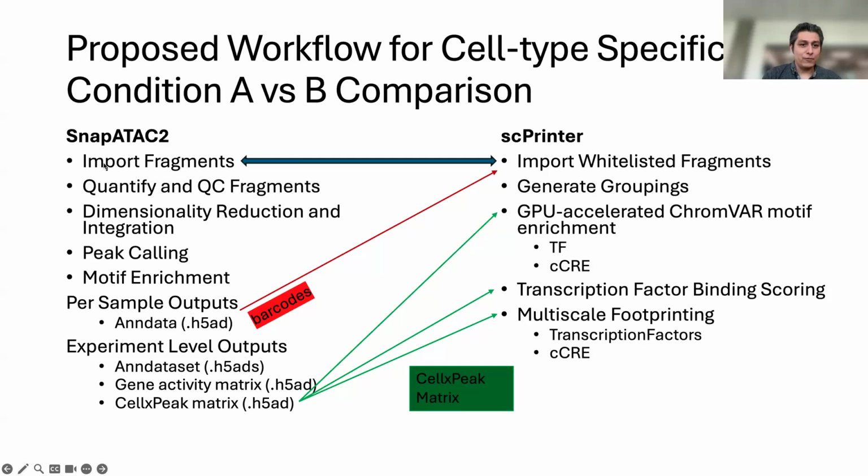The output from this process is going to give you a per-sample AnnData H5AD file. At the experiment level, we're going to get an AnnDataSet, which is H5ADS. It's a different data structure that essentially can store backed AnnData files.